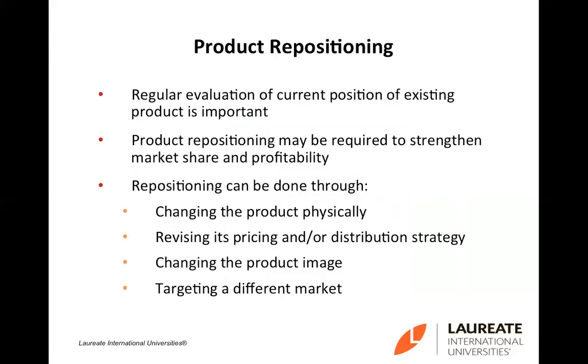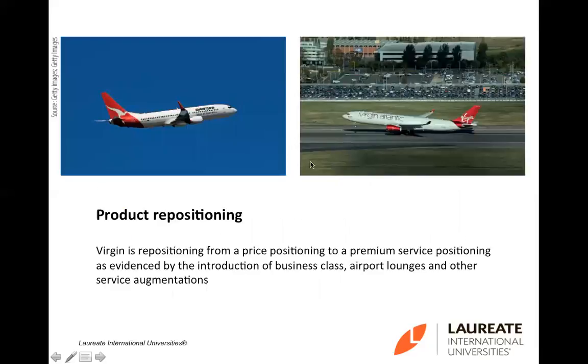Sometimes marketers may go to the market with the wrong product positioning. That is why, after they do some research and find feedback that it is the wrong one, they reposition. That's what we call product repositioning. A number of things need to be done in terms of product repositioning. We know that Virgin is repositioning.